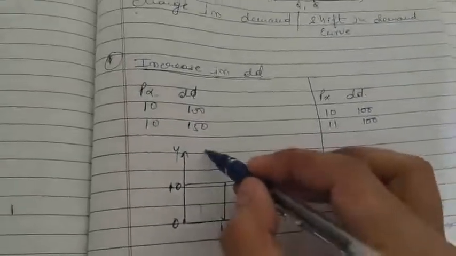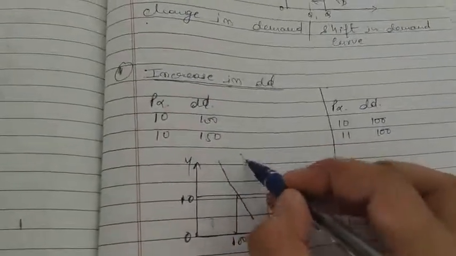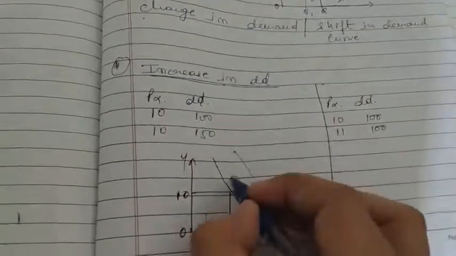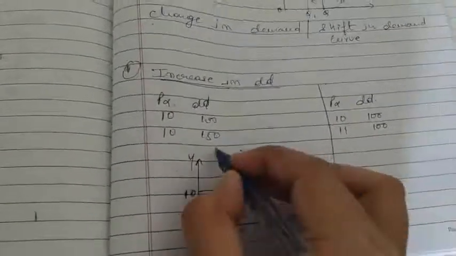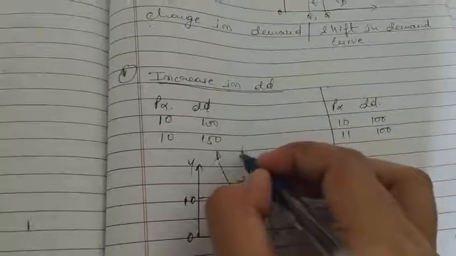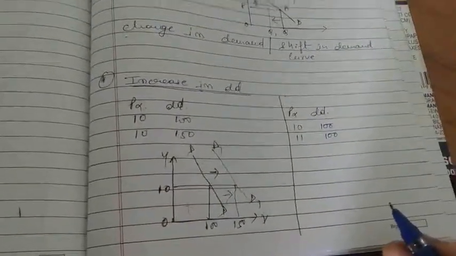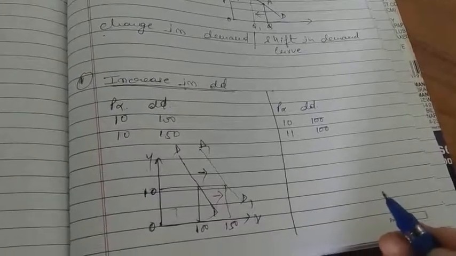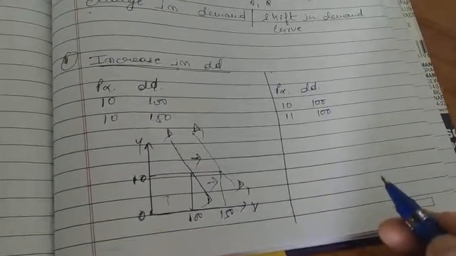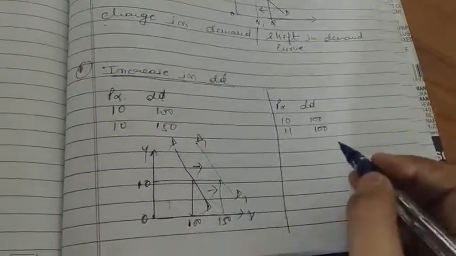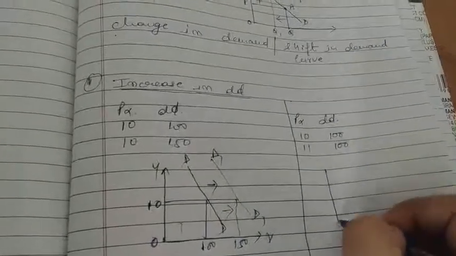Then the demand curve shifts rightward. DD is the initial demand curve and D1 is the new demand curve. So there is a rightward shifting in the demand curve which shows increase in demand. So more demand at the same price and same demand at the higher price.